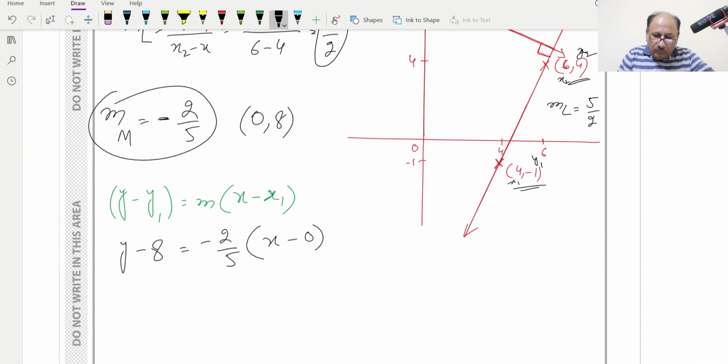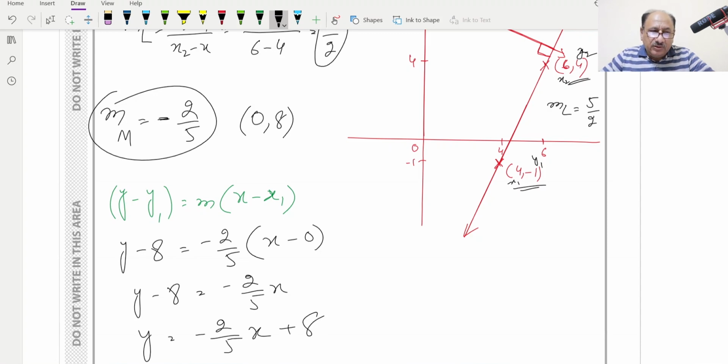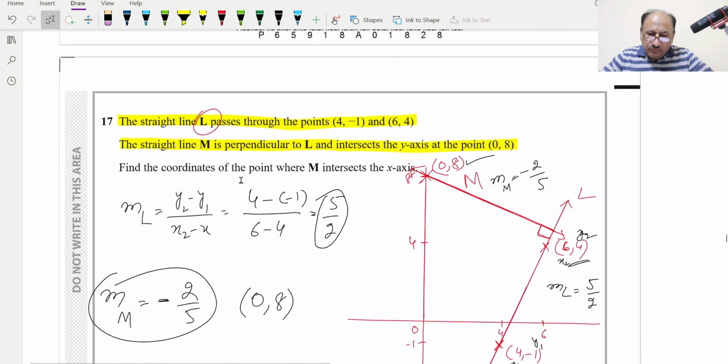So now we can open the bracket. So y minus 8 is equal to minus 2 over 5x minus 0, and we do not need to write this. So y will be equal to minus 2 over 5x plus 8. This will be the equation which we found.